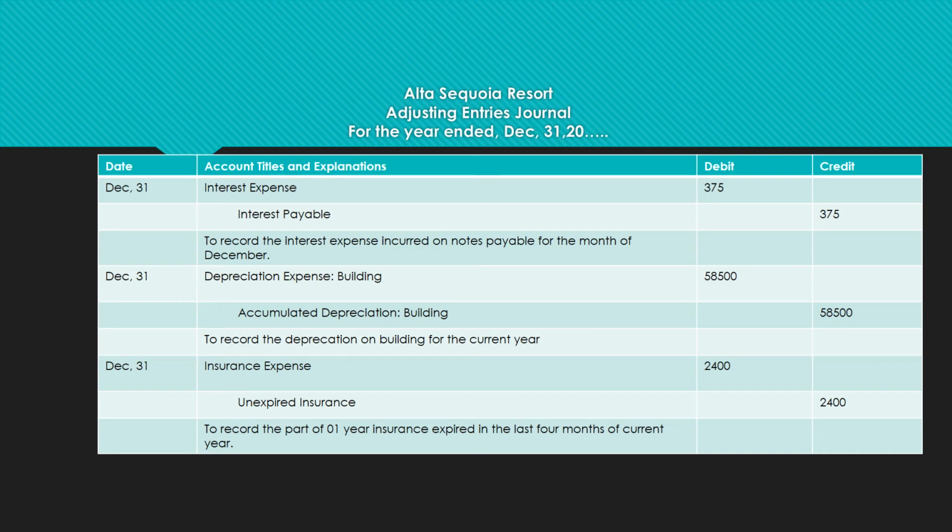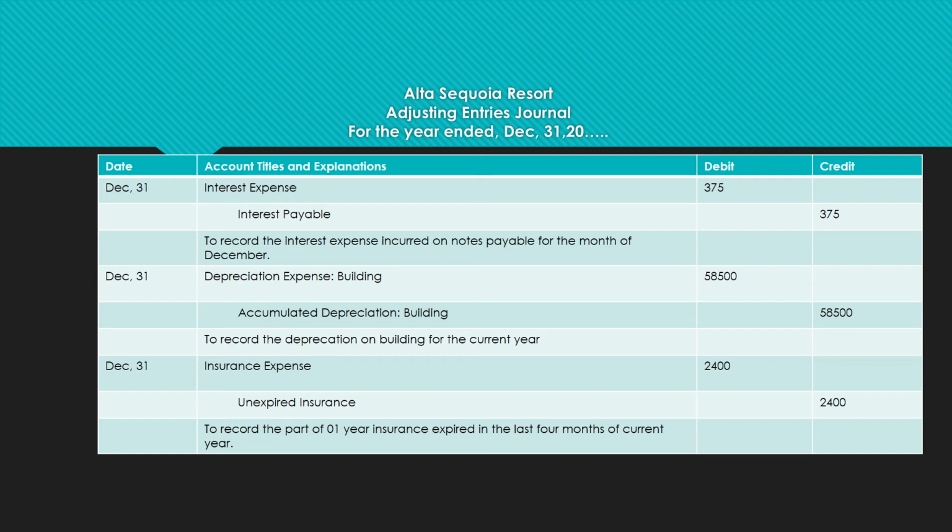Now I am reading transaction E. A 6-month loan in the amount of 30,000 has been obtained on December 1. Interest is to be computed at a rate of 15% per year and is payable when the loan is due. No interest has been paid and no interest expense has been recorded.